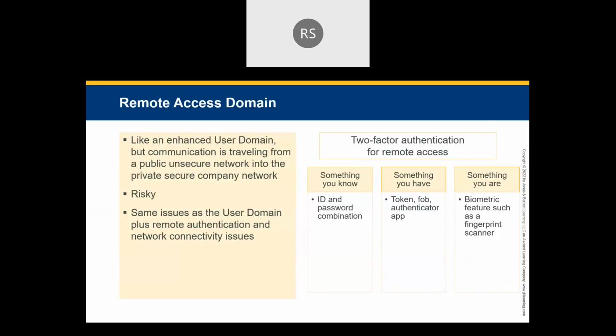Something you have is the second factor involves possessing a physical token, a fob, or using an authenticator app on a mobile device. Finally, something you are. It's biometric features such as a fingerprint scanner or facial recognition, and that can also serve as an additional factor of authentication.